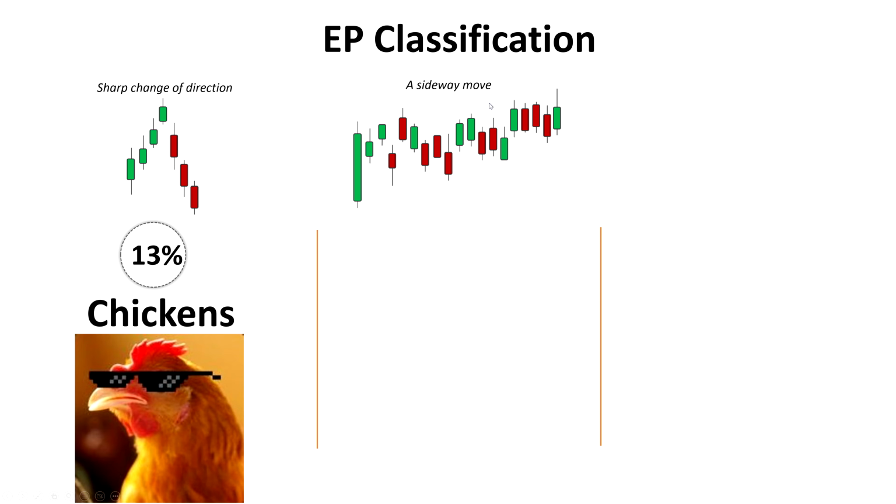The next type of move I saw was a sideways move. I thought most of the EPs just continue to move up, but the data was surprisingly telling me something else. In 57% of the cases, a lot of times, the stock does a good move up in the first day and maybe the next 2-3 days, but then it starts to go sideways and there is nothing happening.